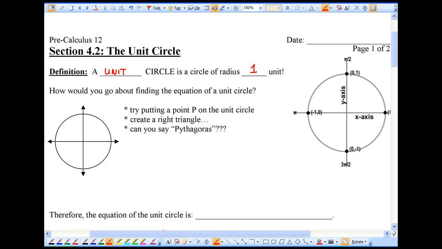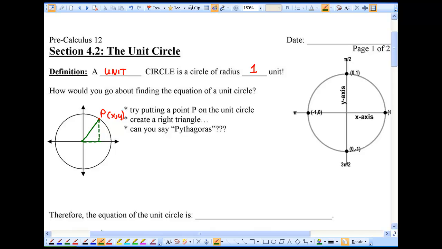So if I were to pick a point P, and the coordinates of P, of course, are x comma y, I'd like us to see if we can find a relationship relating x and y. I gave you a hint. I said create a right triangle. So what I'm going to do is drop down a vertical, and then draw this line connecting the center. And here's my right angle triangle.